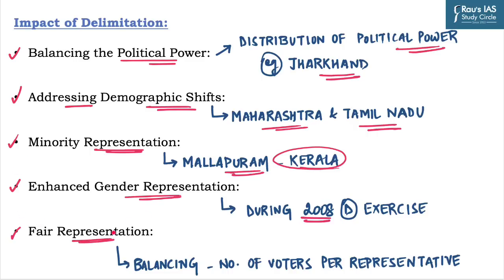This delimitation exercise aims to ensure fair representation by readjusting the boundaries of constituencies based on population changes. Further, it helps in balancing the number of voters per representative, ensuring that each vote holds relatively equal weight and upholding the democratic principle of one person, one vote.